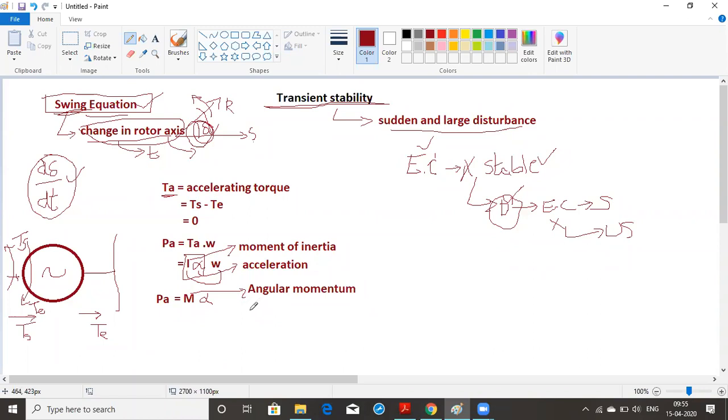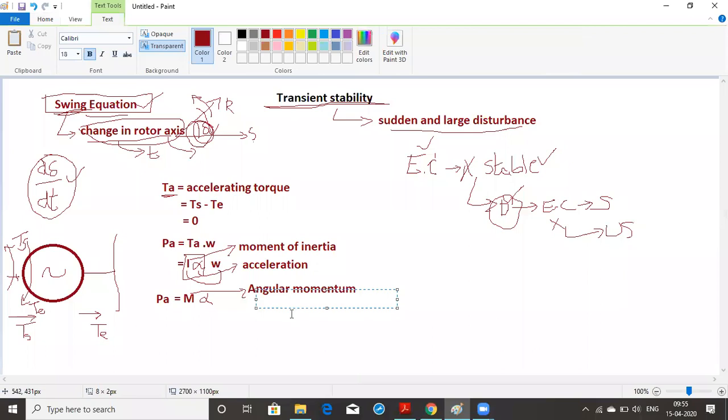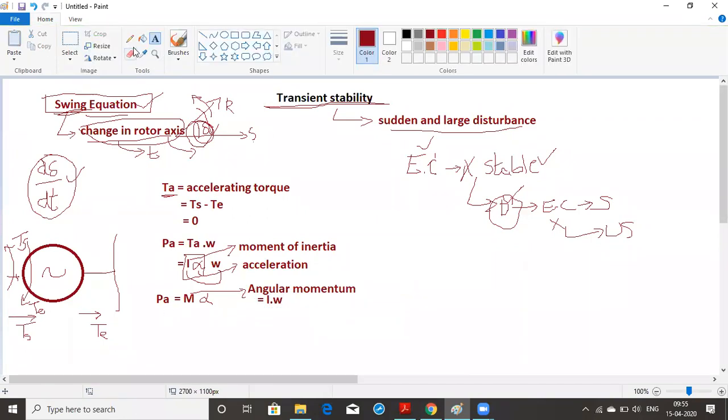So I into omega will give you the angular momentum, right? Therefore, we got the accelerating power, which is equal to m into alpha, where m indicates the angular momentum, a quantity of a rotating body.